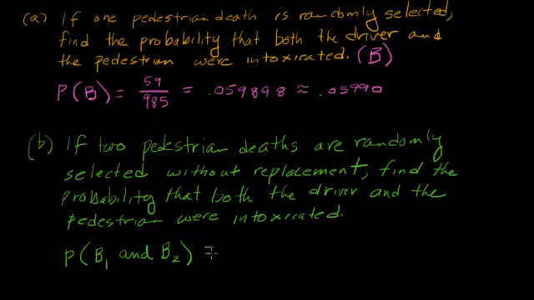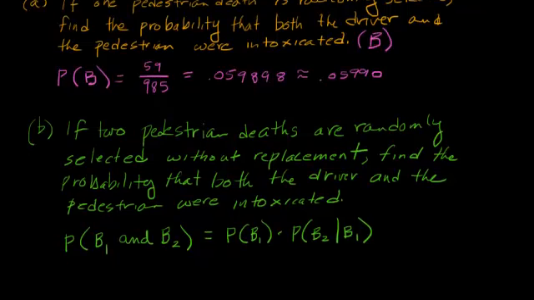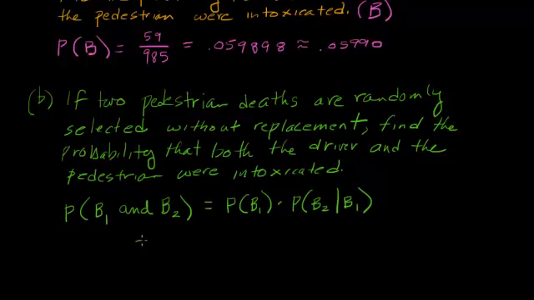Well, because this is without replacement, I would say the probability of B1 and B2 is equal to the probability of B1 times the probability of B2, given that we already have B1. Okay, so how did these numbers come out? Well, the probability of just getting B1, that's the same situation here.